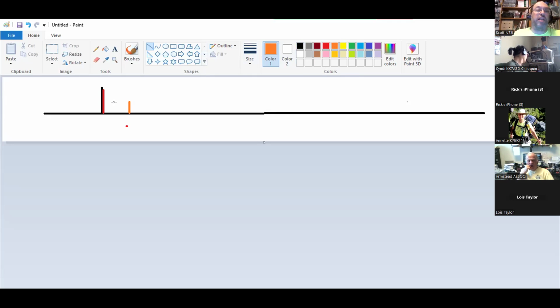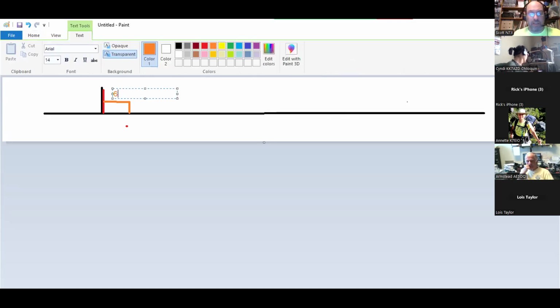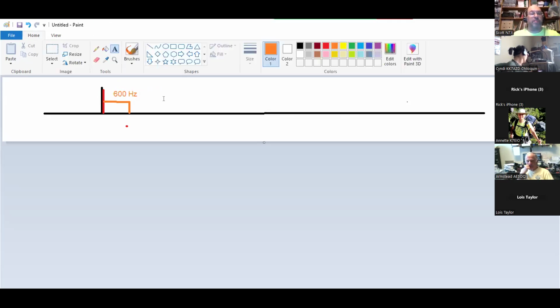Essentially, you're going to be receiving this far away, and that difference is going to be 600 hertz. That takes your internally generated signal and the signal that's coming in, mixes them together and makes a 600 hertz tone.